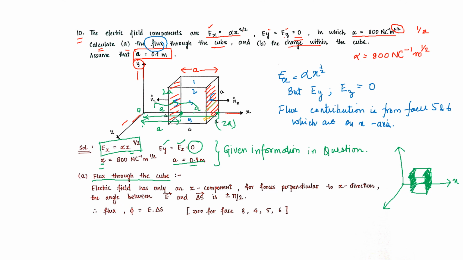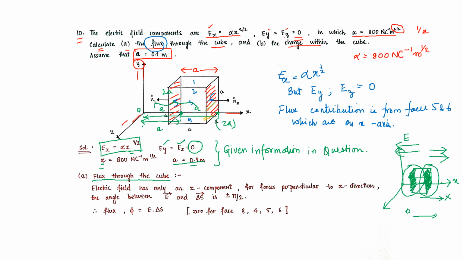So our x-axis is in this direction. This is the direction of the x-axis. The positive x-axis moves from 0 to this side. So in this case, the electric field will come out from this surface in this direction. This is the direction of the electric flux lines from this surface, and from this surface the electric field lines will come like this.